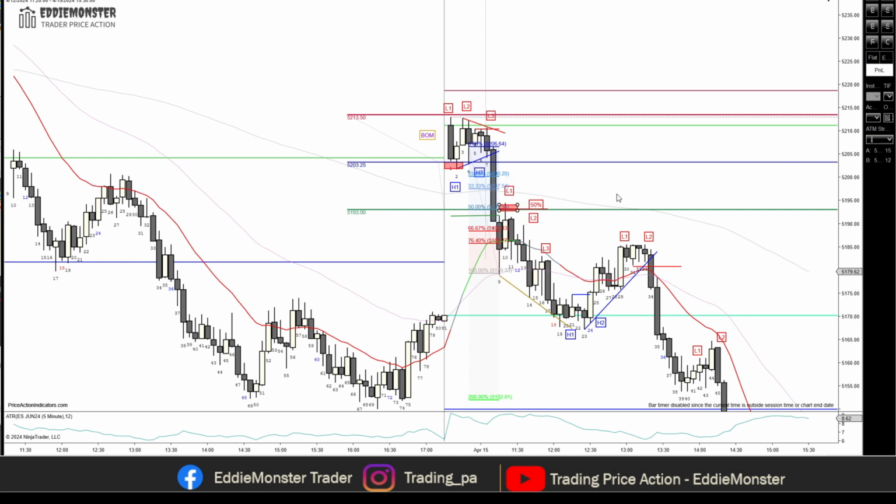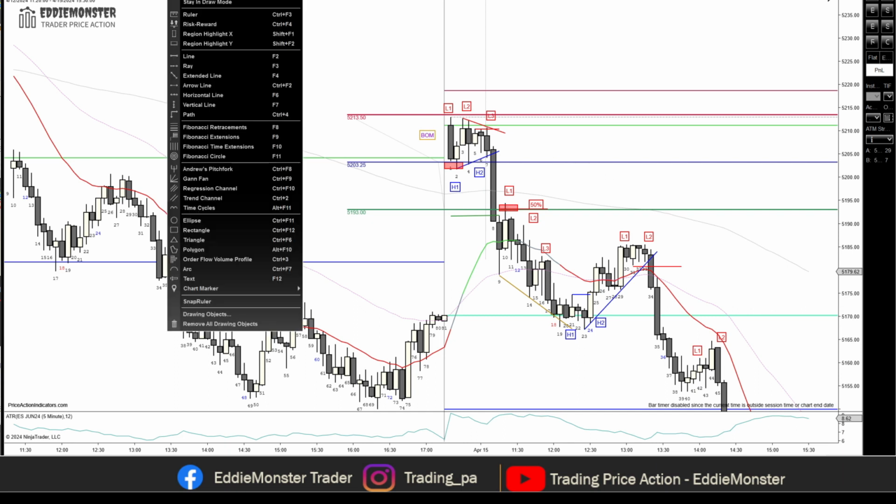Or even, let me see if we have more here. No, didn't get it, but here. So it could be just 8 and 9, just to be sure. So here, you might be filled 50%, and then you look for the second leg down.